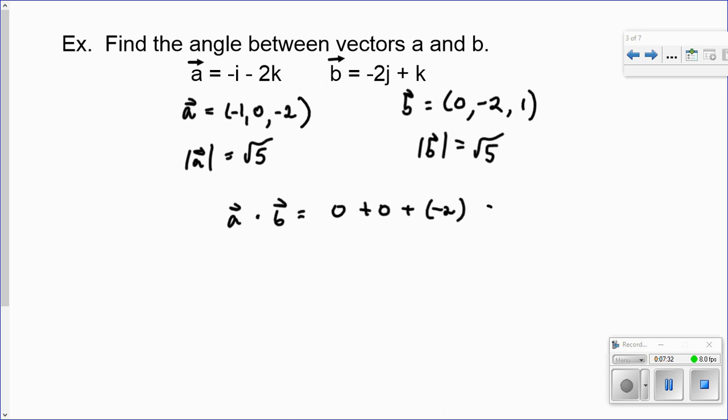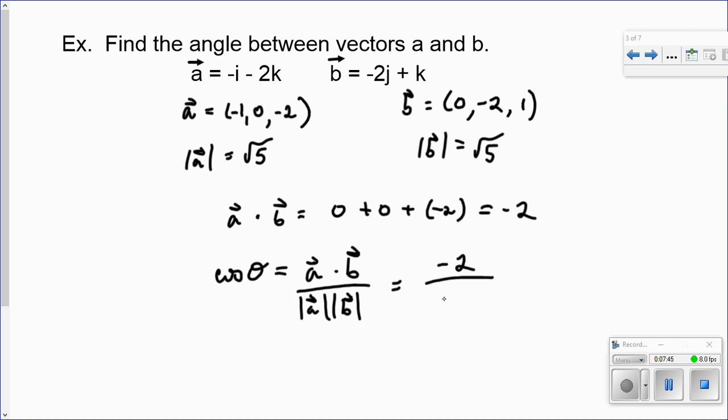So cos of theta is A dot B over magnitude of A times magnitude of B. That'll be -2 over √5 times √5, which I know to be √25 or 5.